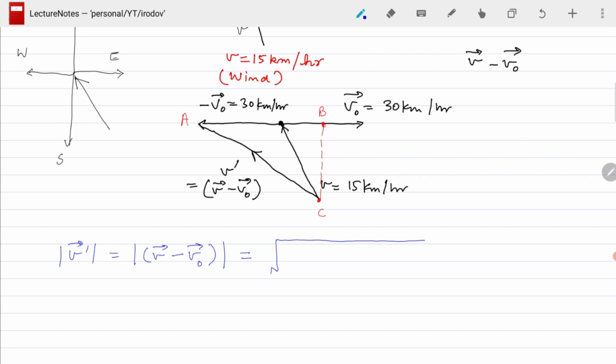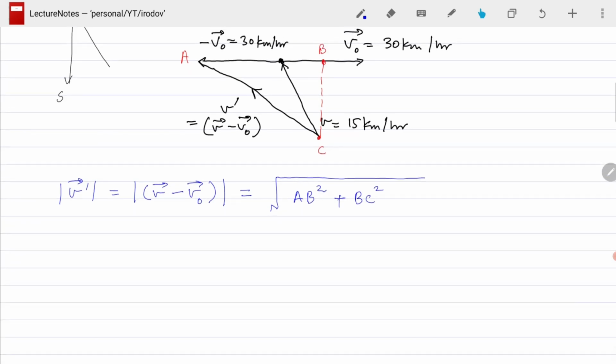Its length would be the square root of AB squared plus BC squared, and AC is the relative velocity we want to find.